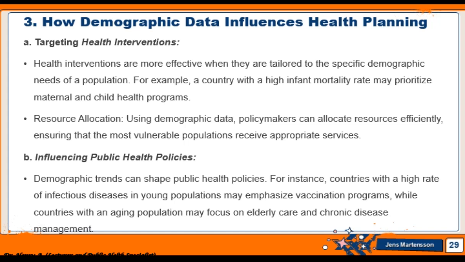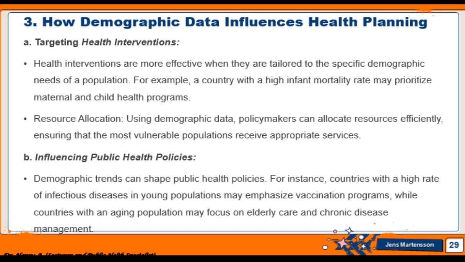We've seen also that apart from resource allocation influencing public health policies, we also want to look at the possibility that if these policies are put in place as a result of demographic data influence, we'll notice that the policies will easily be adaptable because it is not falling from the sky.